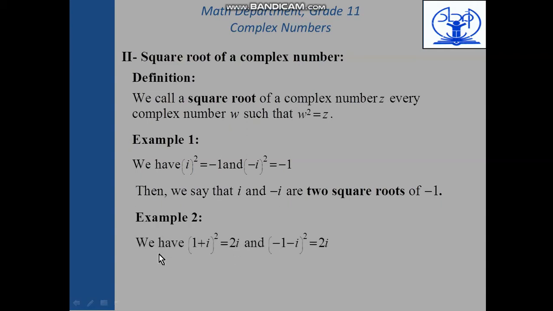Example 2: we have also (1 plus i) squared equals 2i, and (minus 1 minus i) squared equals 2i. Then we say that 1 plus i and minus 1 minus i are two square roots of 2i. And you can check also that 1 plus i and minus 1 minus i are two opposite complex numbers.